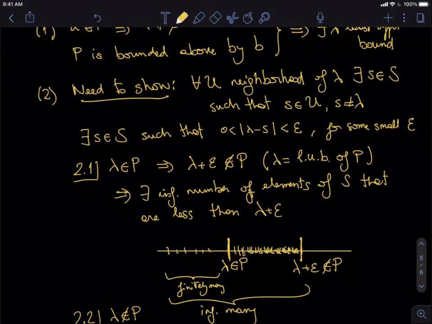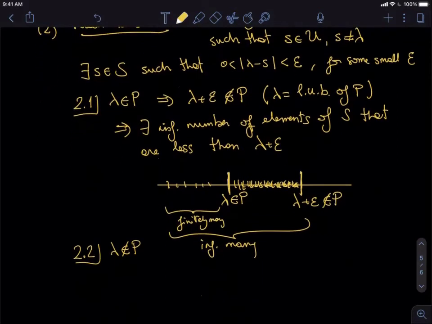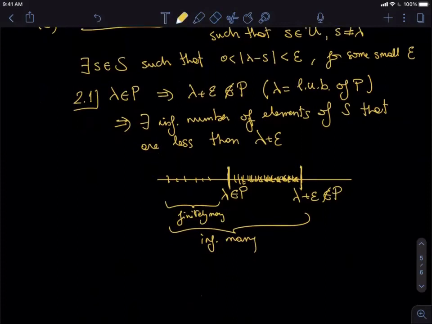There have to be. But that means we didn't need infinitely many. What we needed was one. So our conclusion here is that there exists at least one element s in S between lambda and lambda plus epsilon.